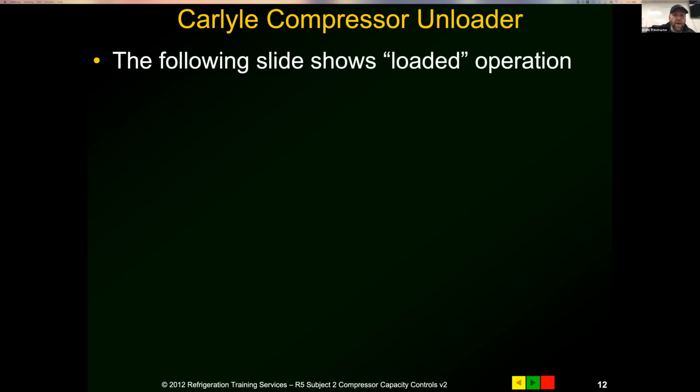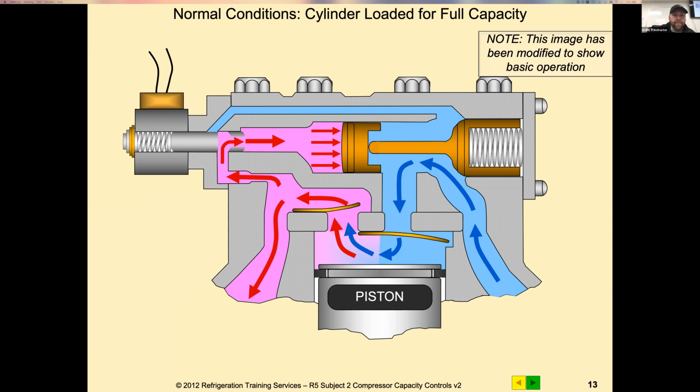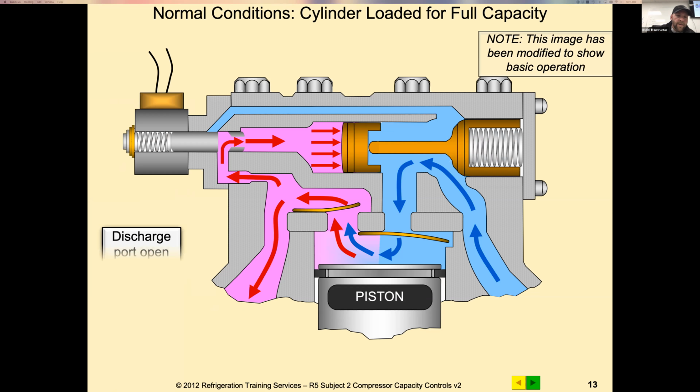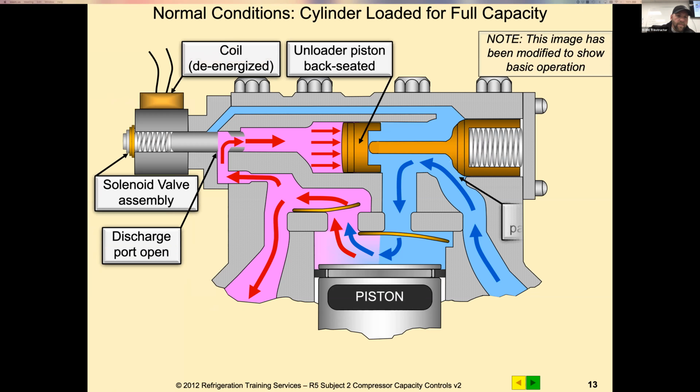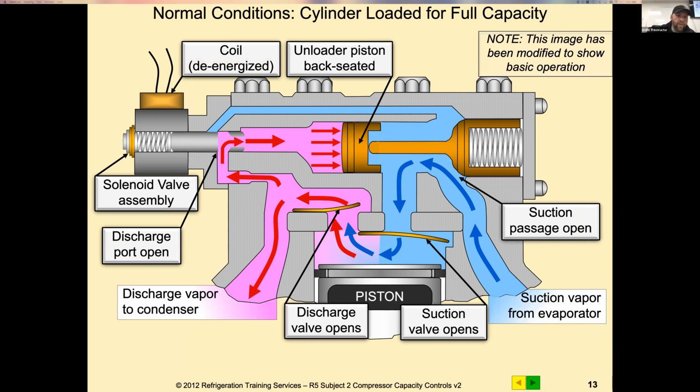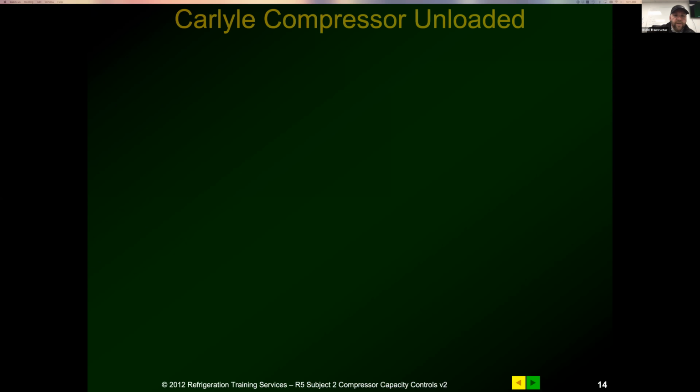So this is a cutaway of the Carlisle showing the same thing. Normal condition, cylinder is loaded, full capacity. As you can see, the suction pressure comes in, pushes down on the suction reed, enters the cylinder. The piston pulls back on its return stroke, compresses on its forward stroke, and opens up and compresses it into the discharge side. So this is the coil de-energized.